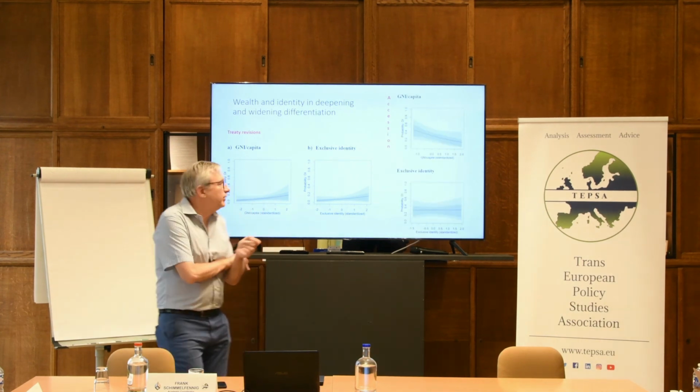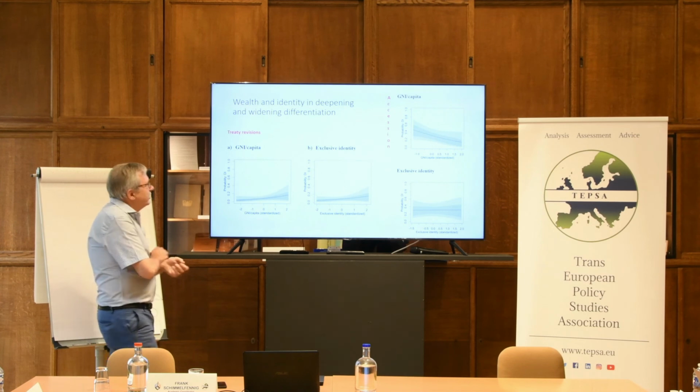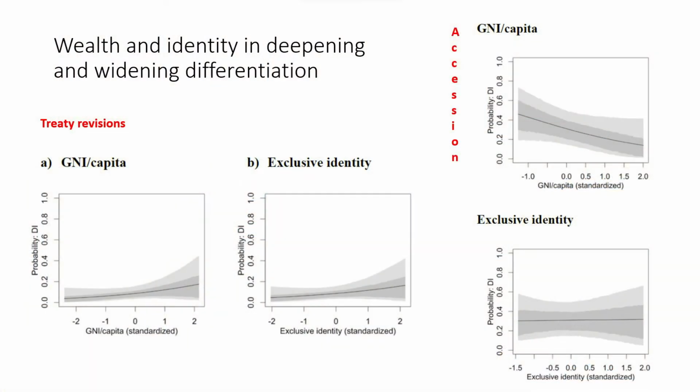The picture is different for accession countries. Here we see first a much stronger effect for wealth, but it goes in the other direction. So here, when it comes to accession treaties, the richer you are as a new member state, the less likely you will have an opt-out, the less likely you will be initially excluded from some of the benefits of membership. That's what it basically says.